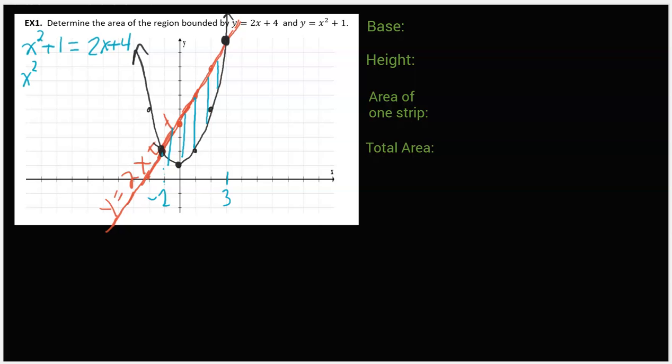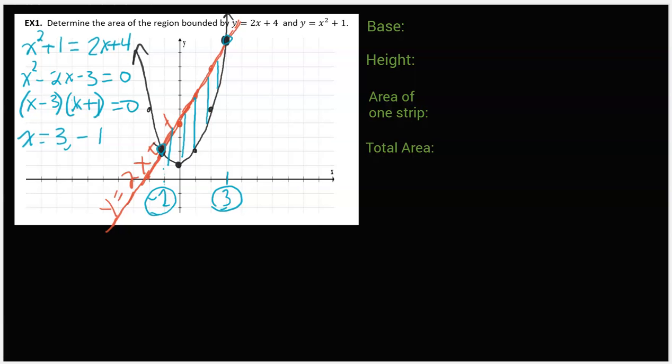Then x squared minus 2x minus 3 equals 0. Factor: x minus 3, x plus 1 equals 0. Therefore, x is equal to 3 or -1, which are those two intersection points right here and right here. Those would be the limits of our integral when we are setting it up.